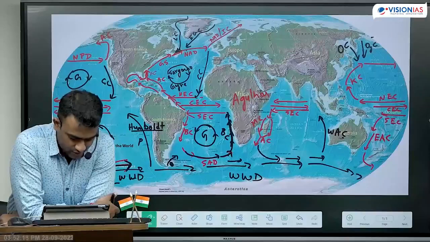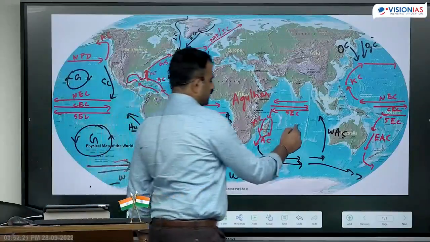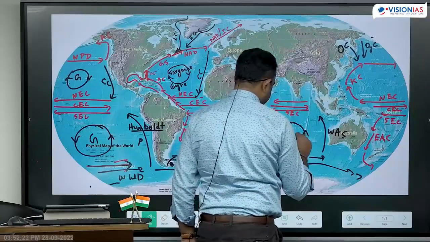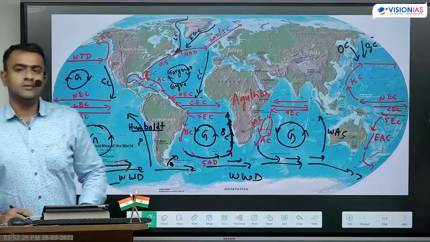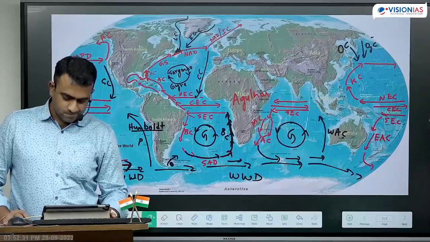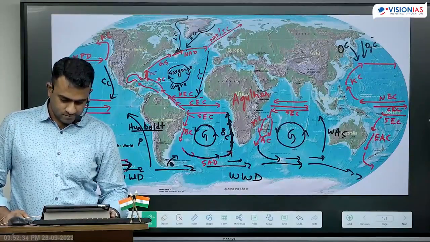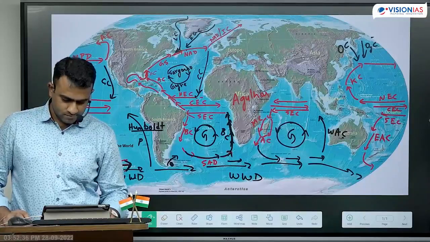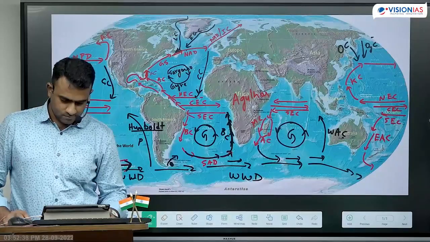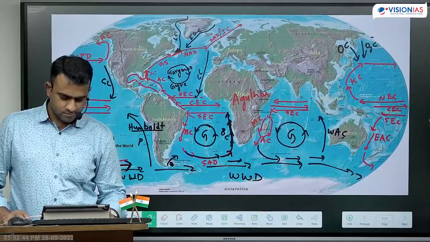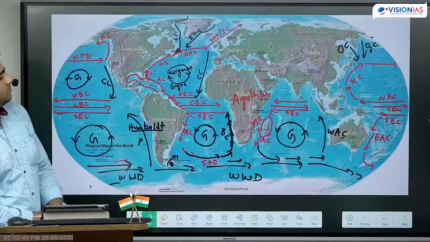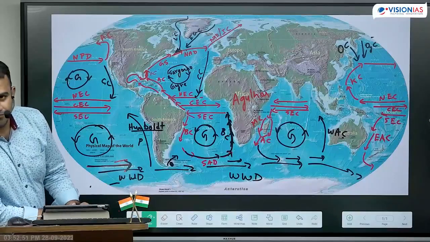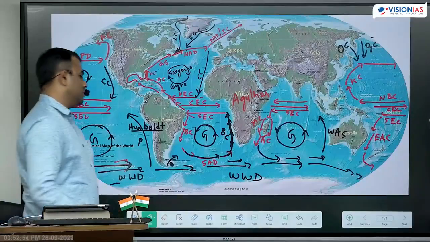West Australian current will join the South equatorial current and creates a gyre here. हो गया. Now the currents of North Indian Ocean.